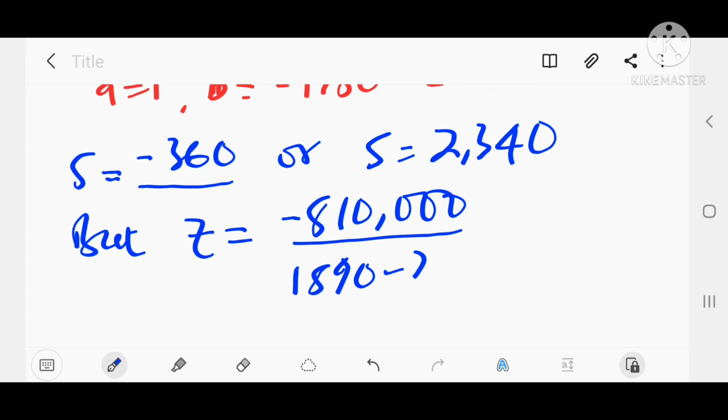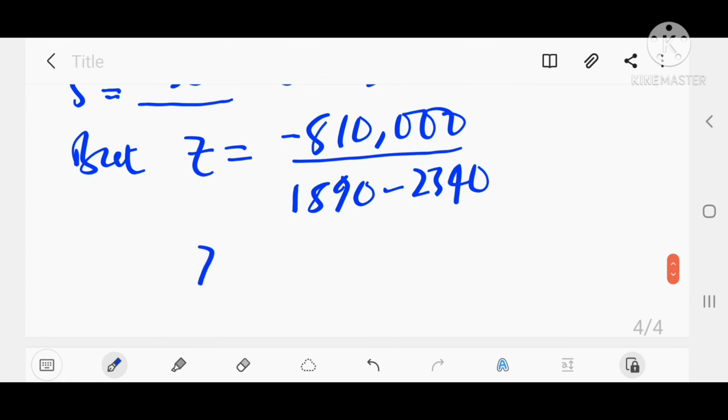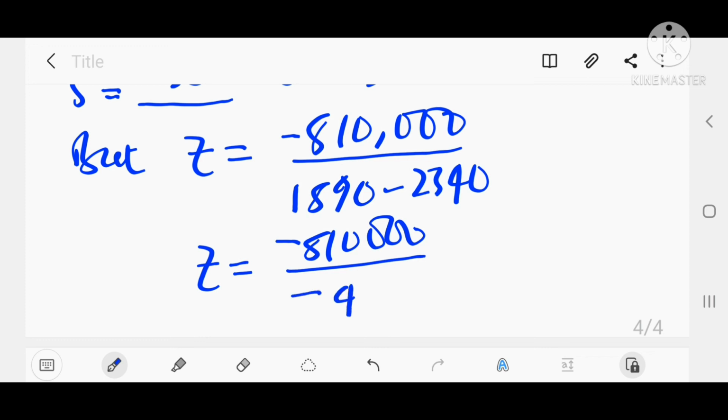So the s is 2340, that means we have our z equal to negative 810,000 on the negative 450.